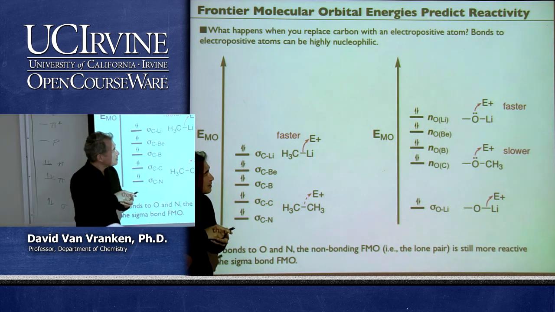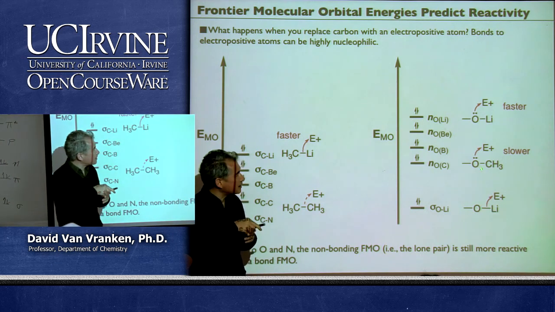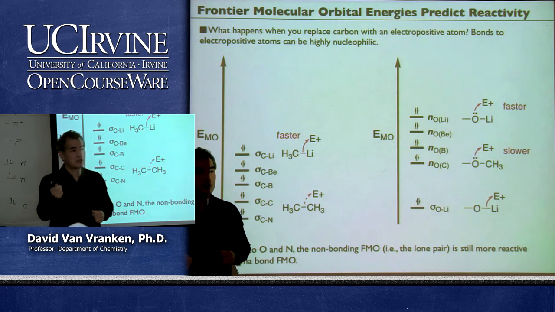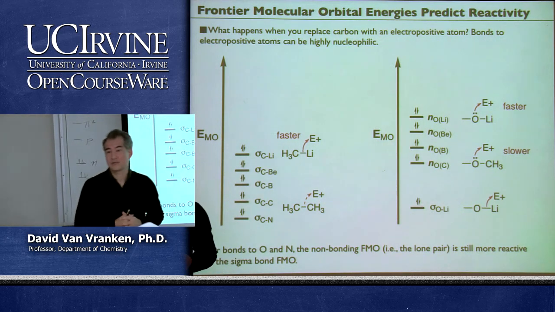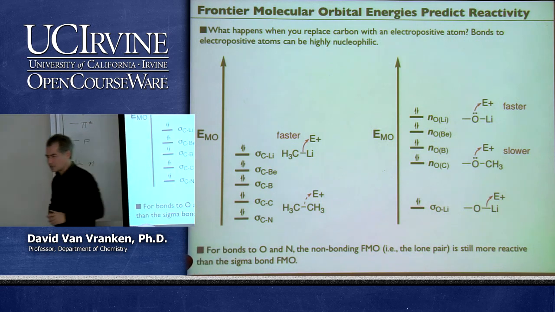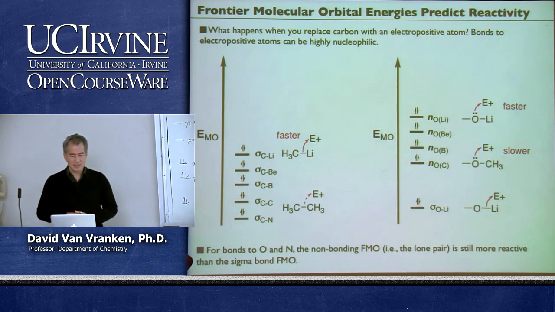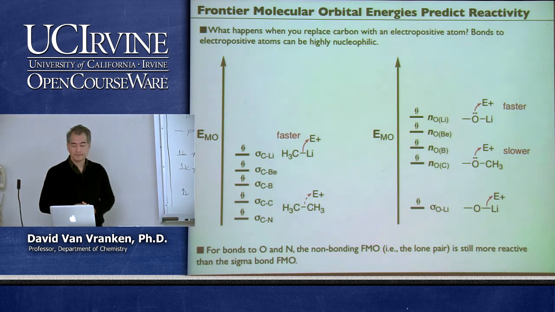Right? The effect of lithium is not only to make this bond right here more nucleophilic, but that electropositive atom also makes the lone pairs more nucleophilic. So continue to use the lone pairs when you have lithium attached to oxygen or nitrogen. You'll see that with LDA, lithium diisopropylamide, with alkoxy lithiums and other types of alkoxides, metal alkoxides.